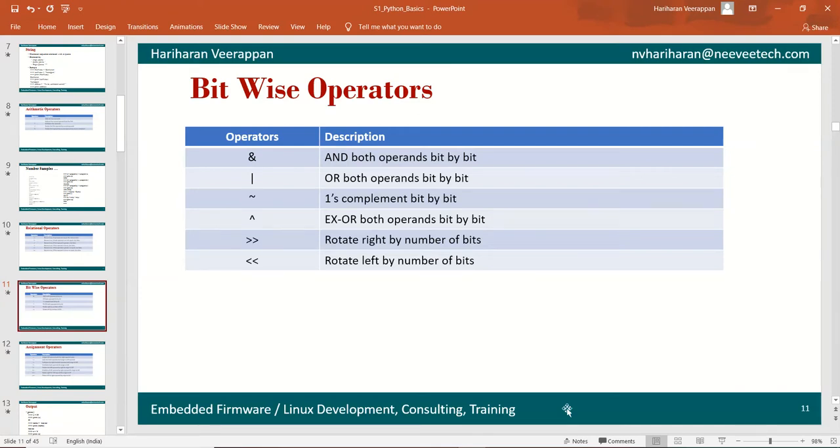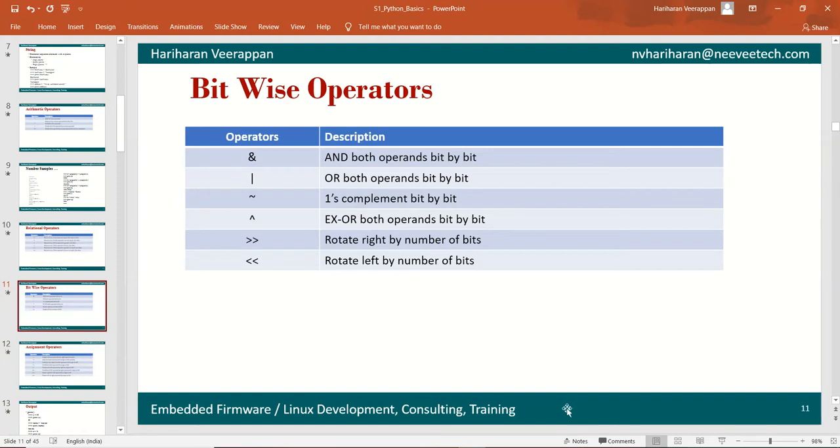And the pipe symbol operator, which is an OR operation, does the OR operation between both the operands and returns the output. And tilde is the symbol which provides a negative ones complement of it.